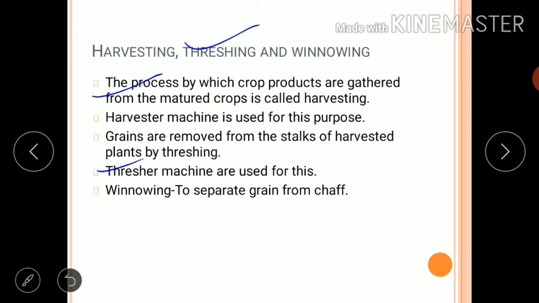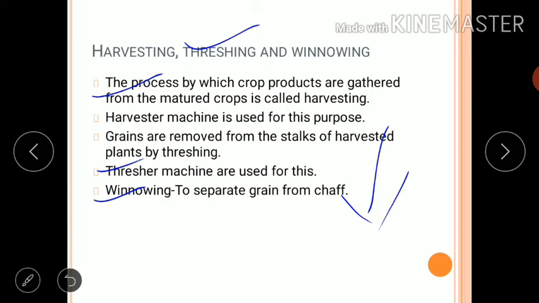Winnowing is another process. It is used to separate the grains from the chaff. Light husk or seed coverings and other plant debris that is separated from the grains is called the chaff. The mixture of grains and chaff is dropped to the ground from a great height.